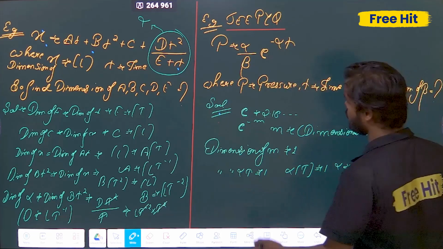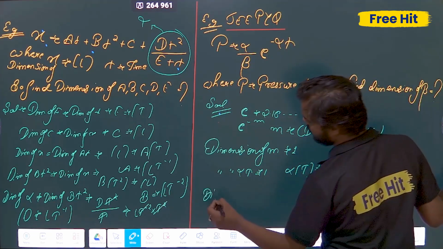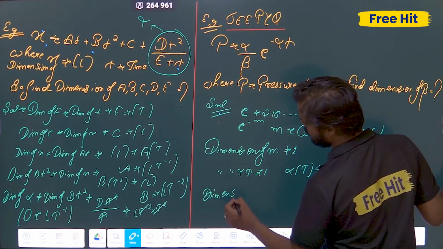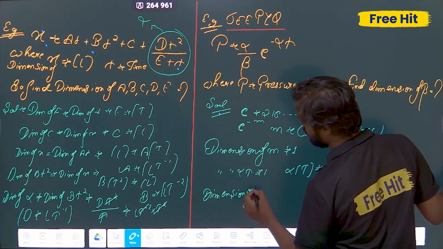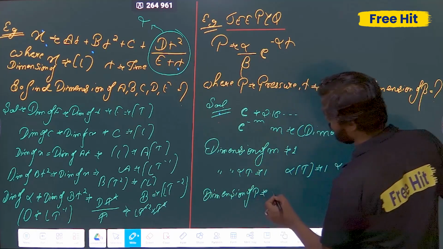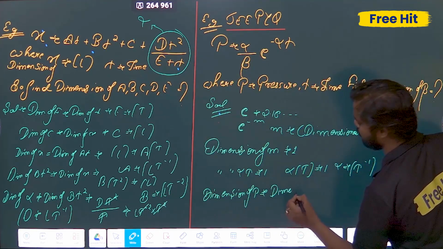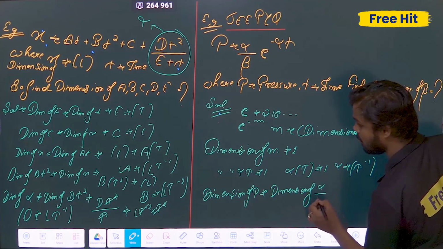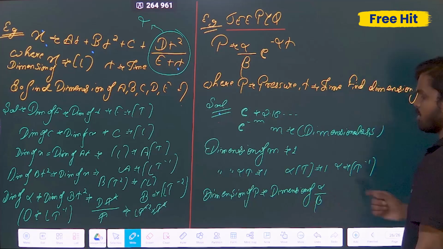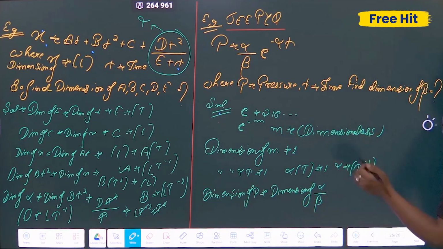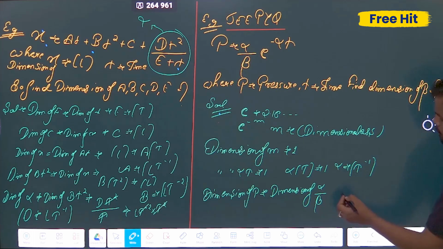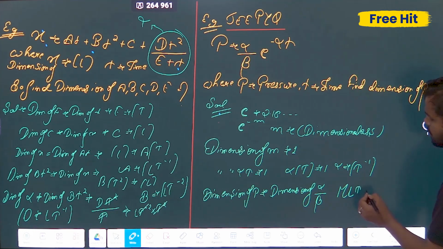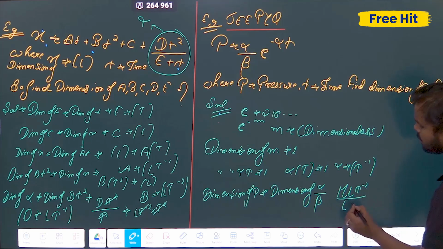So from here you can say that the dimension of P should be equal to the dimension of alpha by beta. What is the dimension of P? It is pressure. Pressure dimension I told, it is force upon area. Force is M L T minus 2, and area is L square.